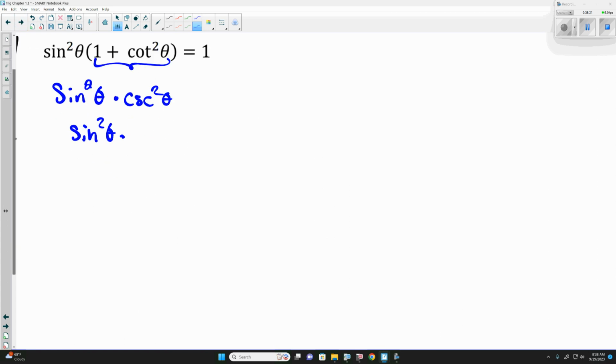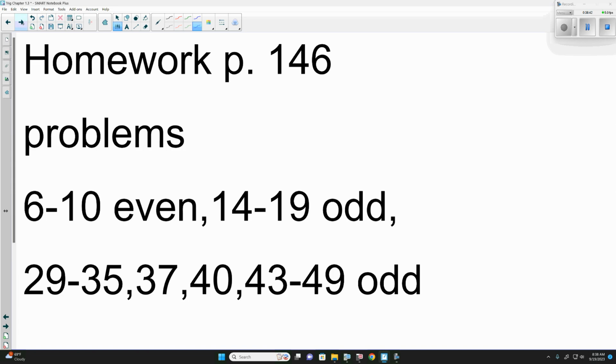So really, I can rewrite cosecant squared as 1 over sine squared of theta, and those multiply together to give me 1. So there's more than one way to prove that they're true. But it's just figuring out which is the best way to go about it. But that is the end of 1.3.